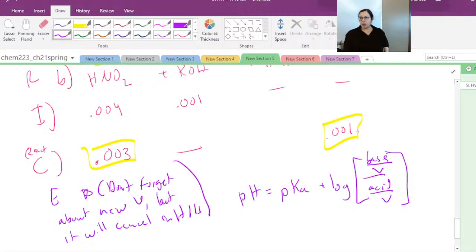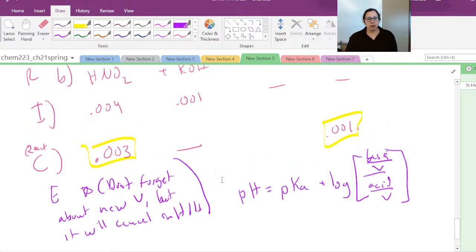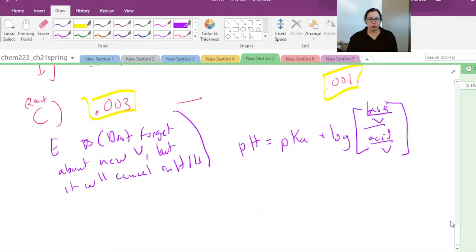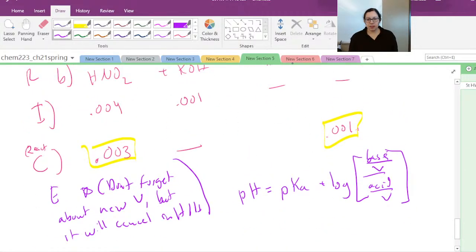So just keep that in mind, right? So if you use Henderson-Hasselbalch, then you don't really have to worry about that. We could at least just state for the record our new volume was 45. But again, our molarity, if we're dividing both of them by 0.045 liters, then it doesn't matter.